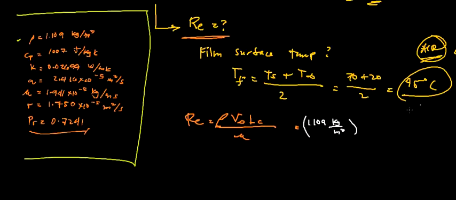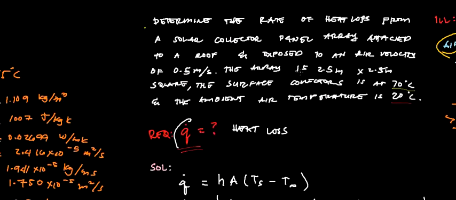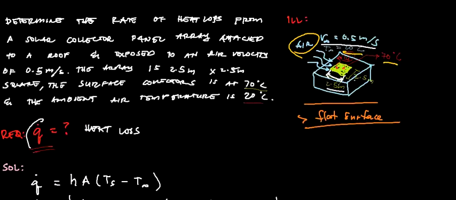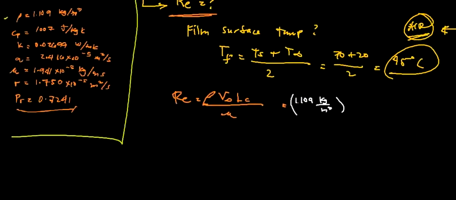Our stream velocity is already given. Where is our stream velocity? Here. Our stream velocity is 0.5 meter per second. Our characteristic length is also given. We have 2.5 meters, the length of our panel.